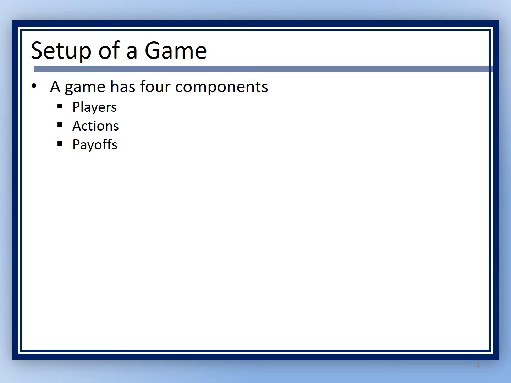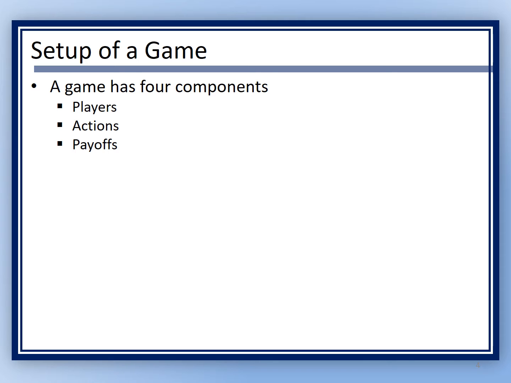You play a game for a reason. You play for an objective. In chess, the objective is to remove the king, right? Basically, you win by going checkmate. In Monopoly, you win by forcing all other players out of the game. So that's the objective. The objective is defined with payoffs.